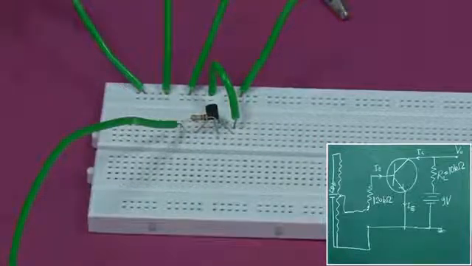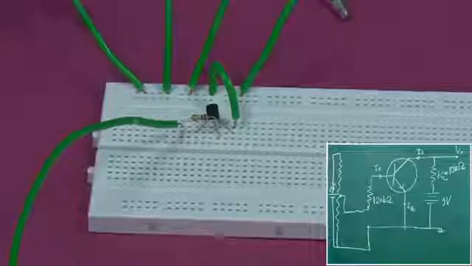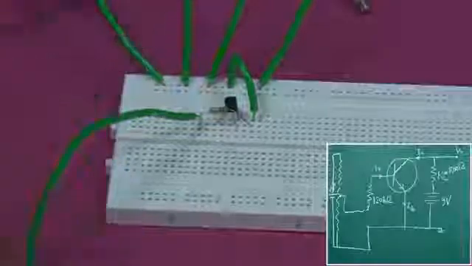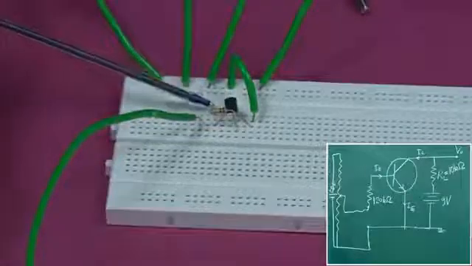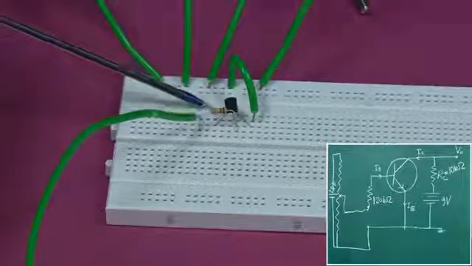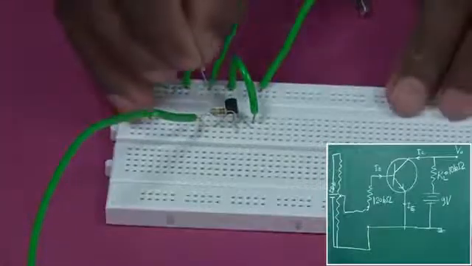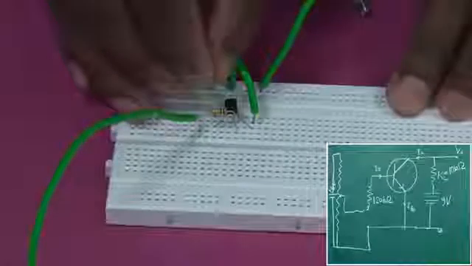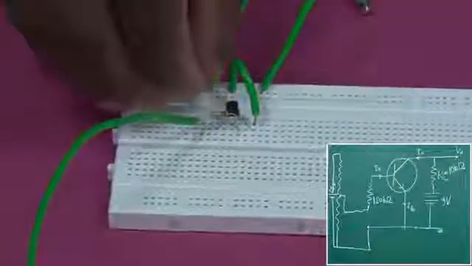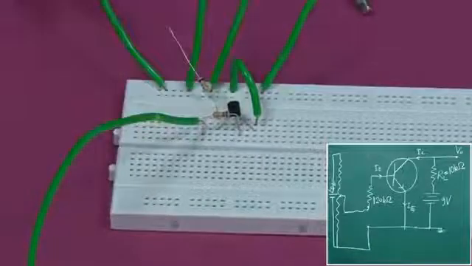Now, let us come to the collector part. From the collector we have to add a 10 kilo ohm resistance. So, where is the collector? Collector is here. In that same line you have to add a 10 kilo ohm resistance, and the 10 kilo ohm resistance should go to the 9 volt battery.